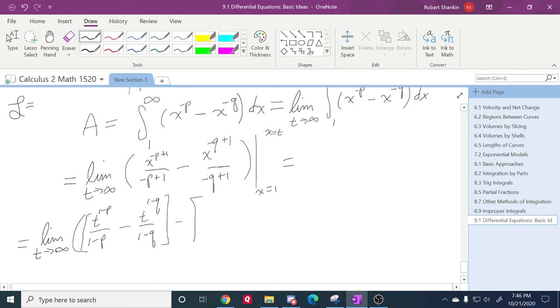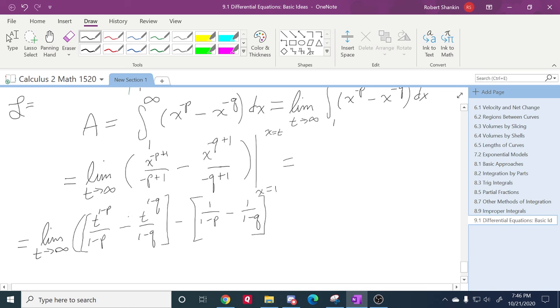Minus, when I substitute 1 in, I'm going to get, well, 1 to any power is still 1, over 1 minus q. And now we're going to let t go to infinity.